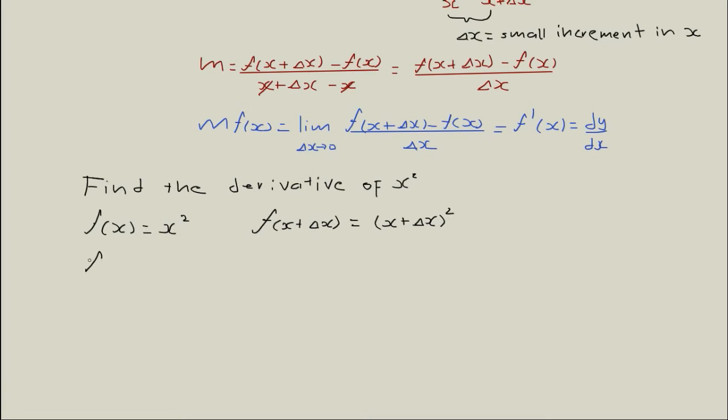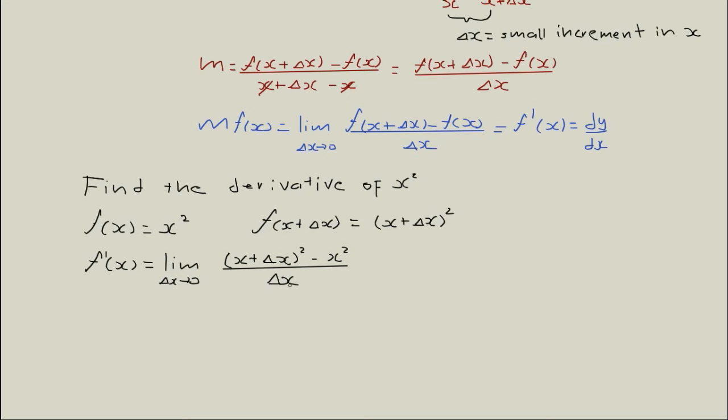Now the derivative, or the slope of the curve, will be the limit as delta x approaches 0 of f of x plus delta x, which we calculated before as being x plus delta x all squared, minus f of x, which is just x squared, all divided by delta x.